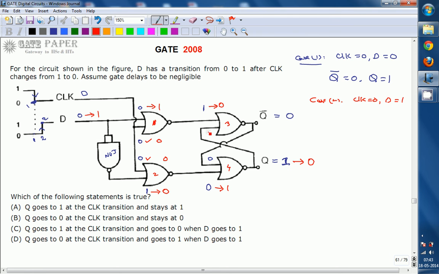So here you will get 0 now. 0 and 0 are the inputs for this NOR gate. 0 plus 0 is 0, and because of this bubble you will get 1. So Q bar changes to 1.